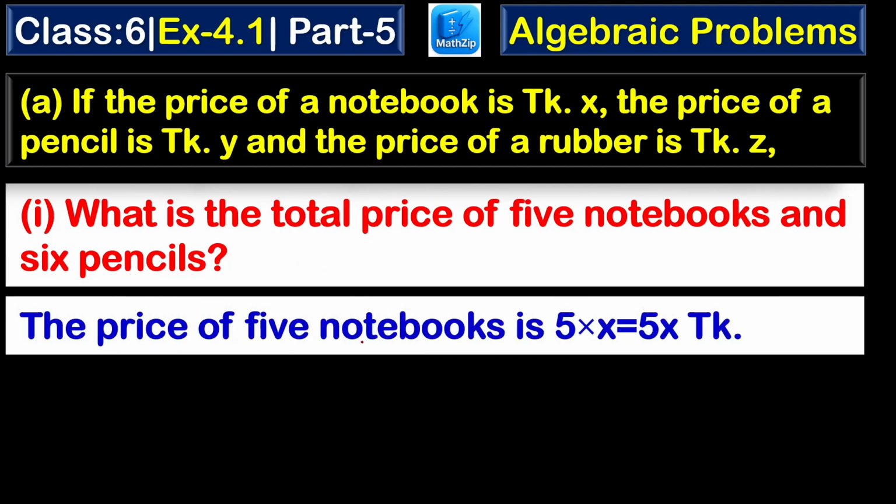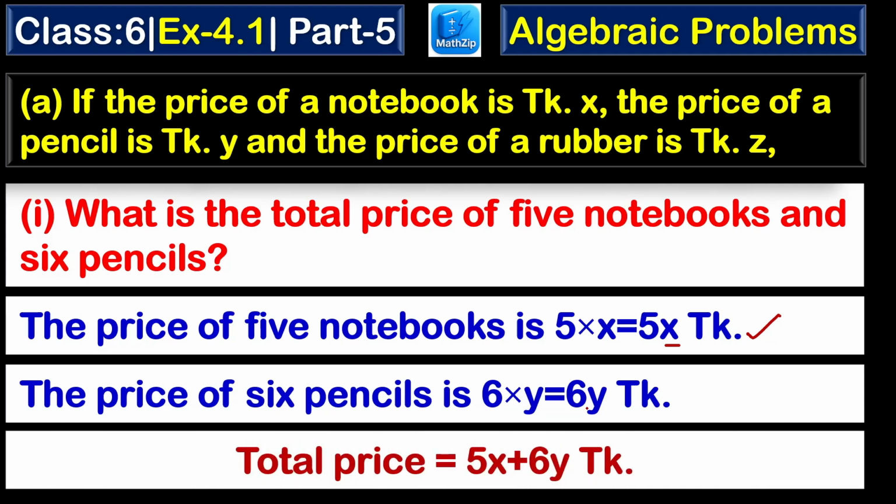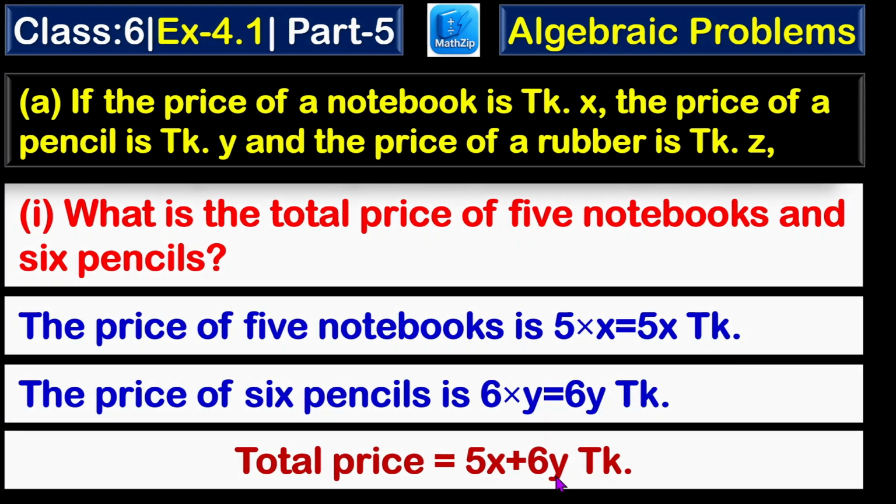First, 5 notebook price is 5x. 6 pencil price is 6y, because X means notebook and Y means pencil. It's a simple term, right? So what will be the total price? Total price is 5x plus 6y. I hope you are clear on this one.